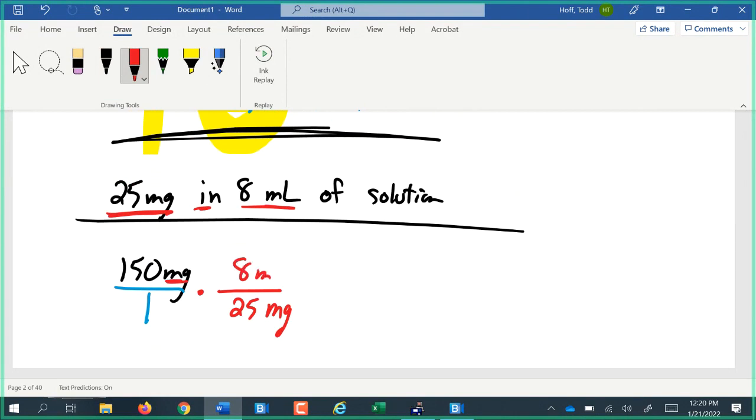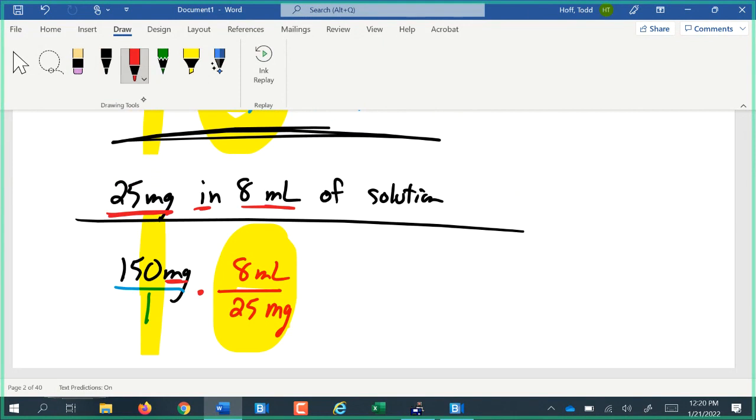This again is a unity fraction. 8 milliliters and 25 milligrams is equivalent, so that is equal to 1. So multiplying by that will change the appearance of this fraction, but not the value.